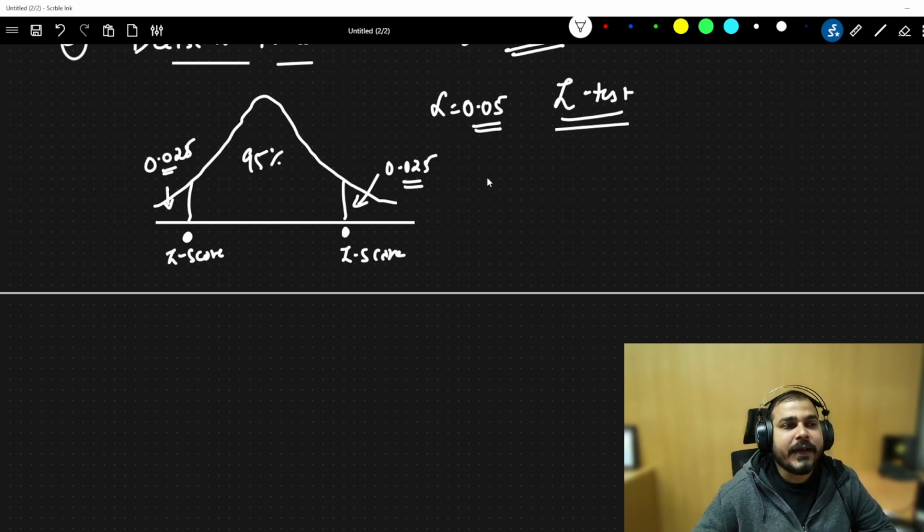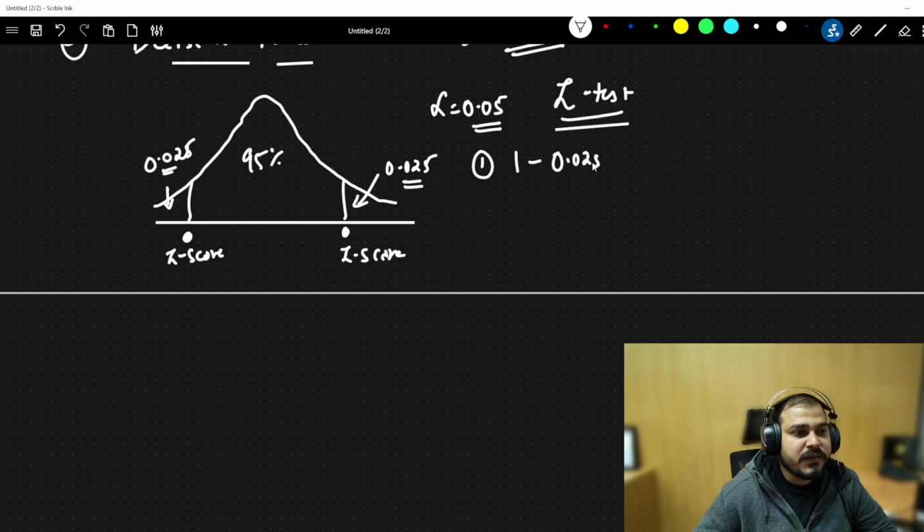In order to find it out, let's compute this side first. If I compute this side, over here only the negation will be there. If I get a positive value here, this will be the same negative value, because both are symmetrical, right? So first I take this 0.025 and subtract it from the entire area, because the entire area is 1. That means this is 0.9750.